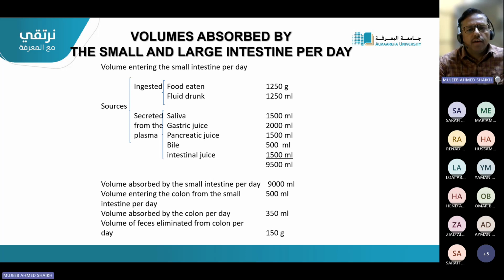Out of that, 500 ml will reach the large intestine, out of that 350 is again absorbed in the large intestine, and only 150 ml or grams will leave the body through the feces.